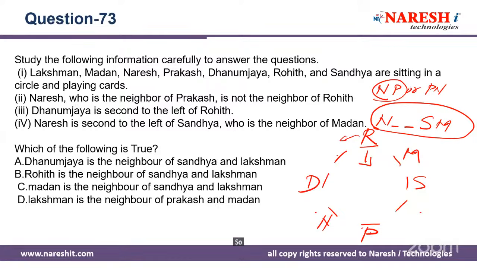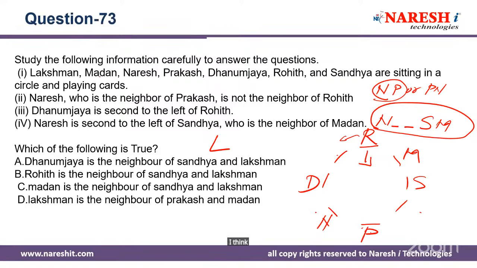So there are two more people. Lakshman is remaining, and who else is left?